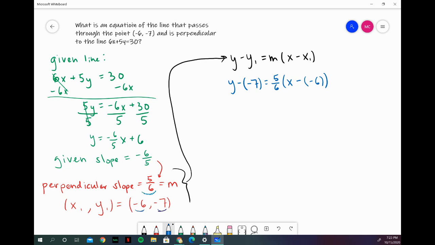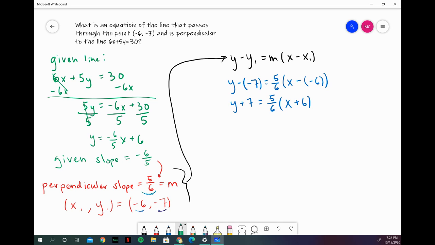Again, I'm being careful to write this as minus a negative so I don't get confused. But I know that minus a negative is the same thing as addition, so I'm going to rewrite the left side as y + 7 is equal to 5/6 times (x + 6).